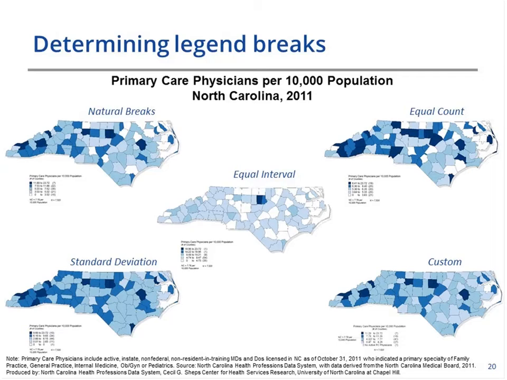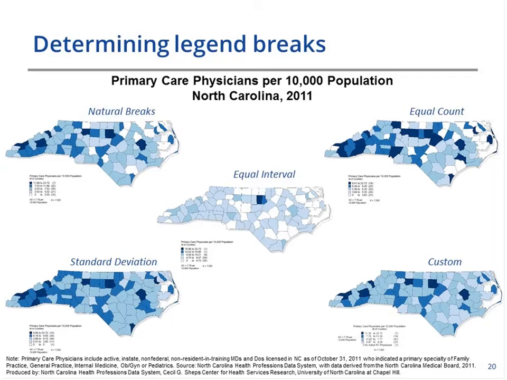Equal interval has a lot of lighter colored counties and only a couple dark counties. So that's a much different distribution than, say, the equal count map has. So depending on your data, depending on what you're trying to show, your distribution on the map is going to be different depending on which method you use to break your categories.